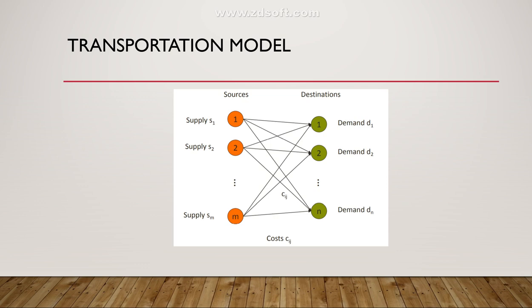Again, this process involves the movement of products among multiple source warehouses and multiple destinations, or distribution areas to be covered. So this is the best suitable method to analyze and minimize the cost involved in the transportation process. So this was all about the transportation method.